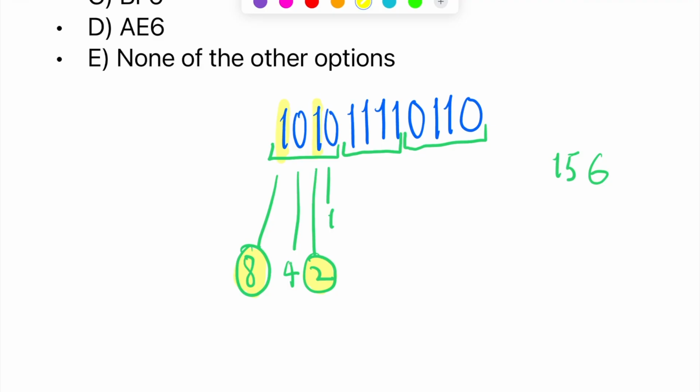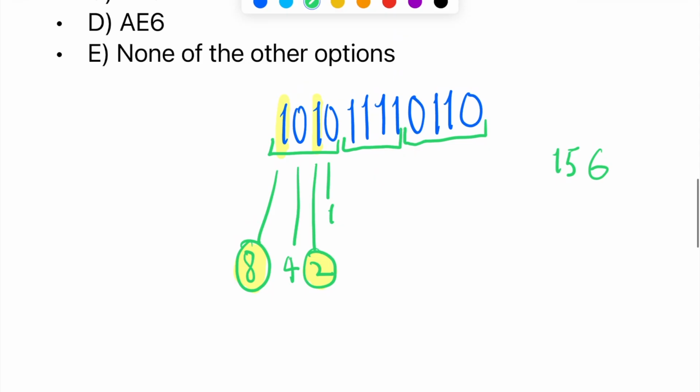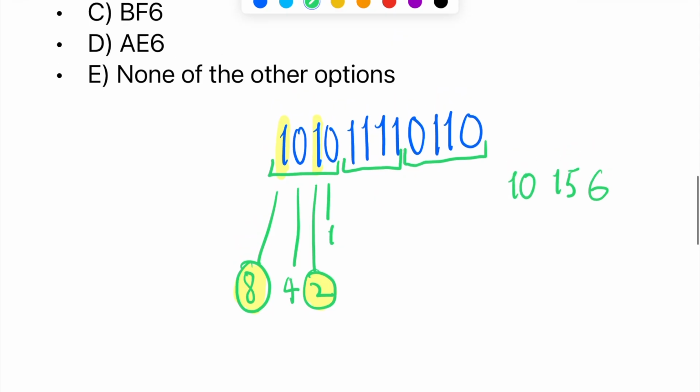Think of it this way: 1 equals on and 0 equals off. There's no point in circling something that's off. That gives us 10.